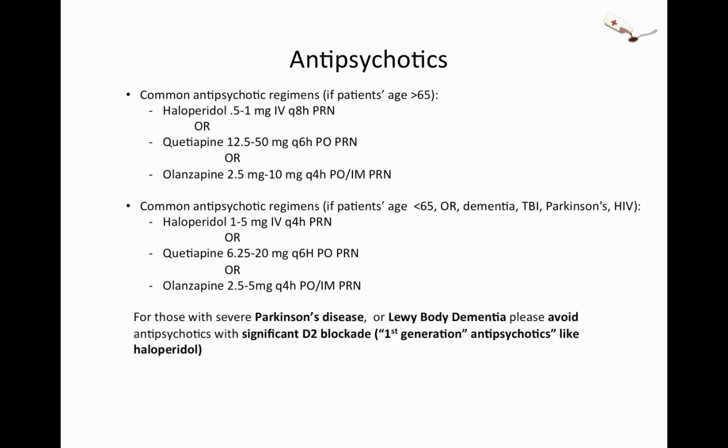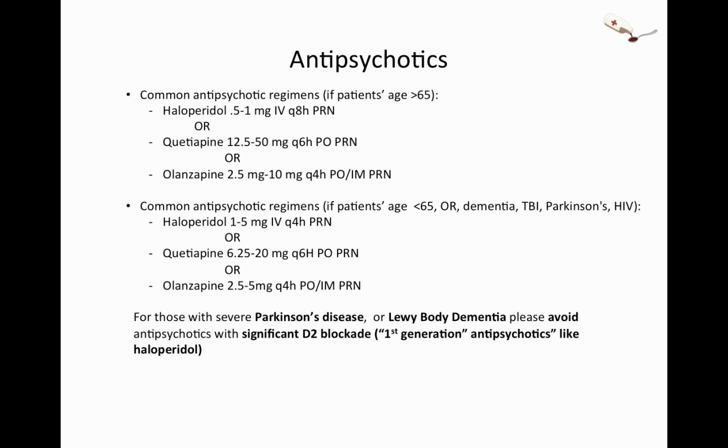These are some of my go-to regimens. It bears noting that none of these regimens are standing. All are as needed. This allows you to see if you're actively treating the underlying insult. Remember, patients with Parkinson's disease or Lewy body dementia have a paradoxical response to antipsychotics with significant D2 blockade.